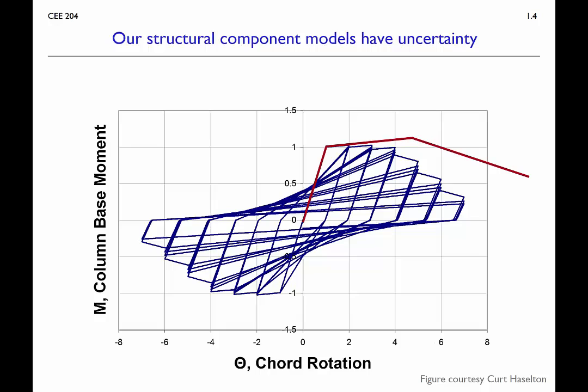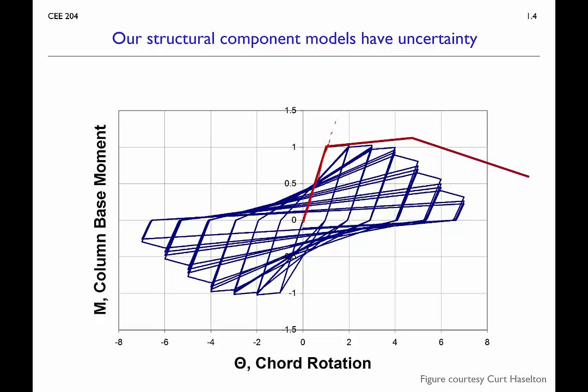In red is shown what we call a backbone curve. This is a force displacement curve that starts from zero moment and increases in a linear manner. At some point, the linear behavior stops due to damage in the element, and the rotations can continue if you continue applying forces, but with a reduced stiffness indicating the presence of damage.